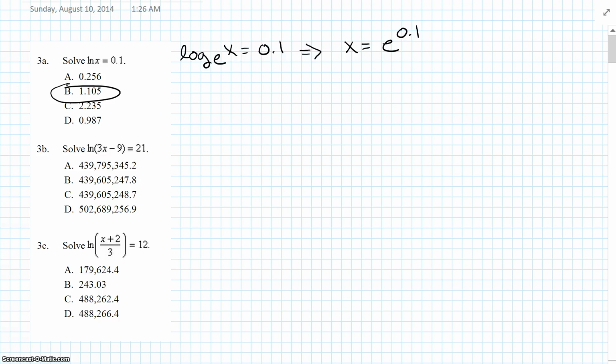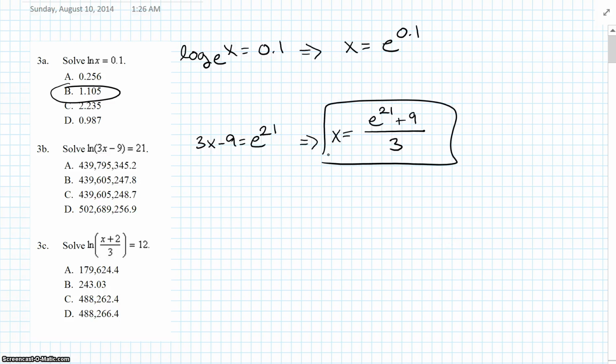Next one. Natural log of 3x minus 9. So we can just say that is the same thing as 3x minus 9 equal to e to the 21, which we can further say is basically (e to the 21 plus 9) all of that over 3. I did a lot of steps there, but hopefully you can talk through it to yourself and get where x equals this expression.